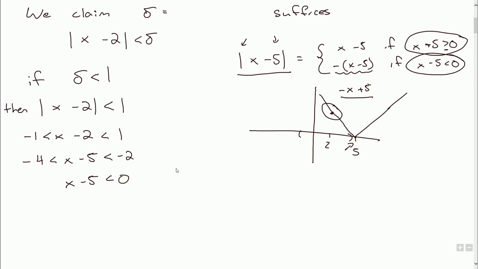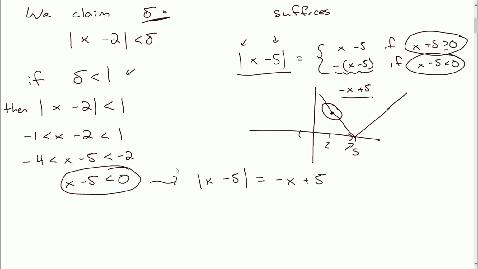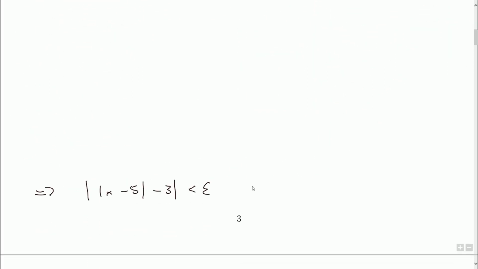So if part of my definition of delta includes a guarantee that delta will be less than 1, I'll be able to ensure something like this, which tells me x minus 5 is guaranteed to look exactly like negative x plus 5. So if I can guarantee that the absolute value of x minus 5 is negative x plus 5, suddenly this last statement just needs to be something like this, because these two are equal.